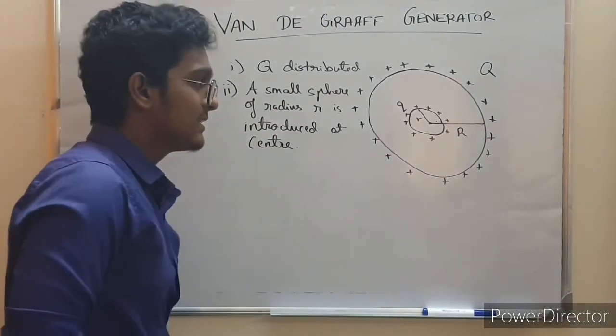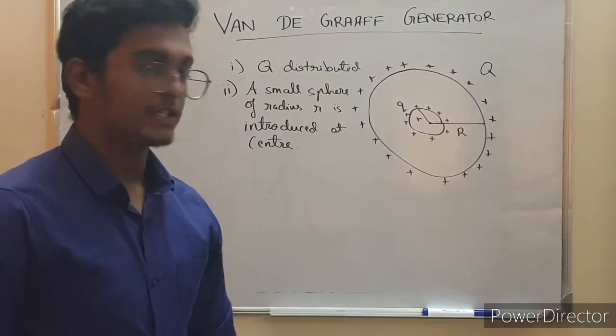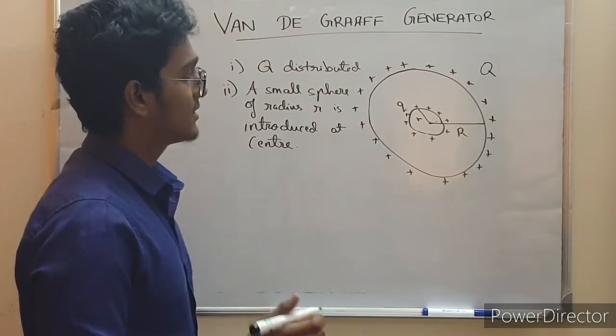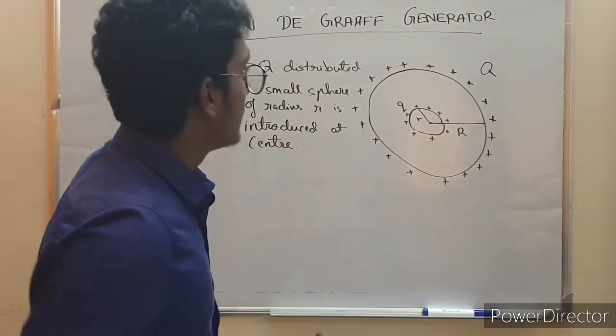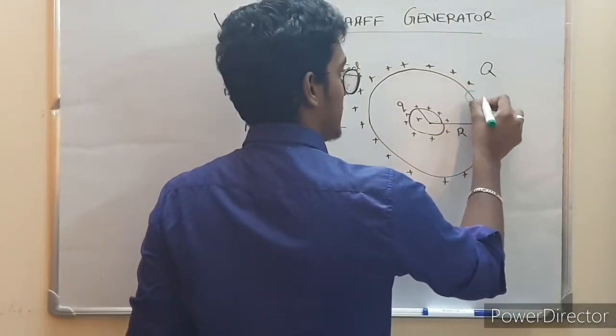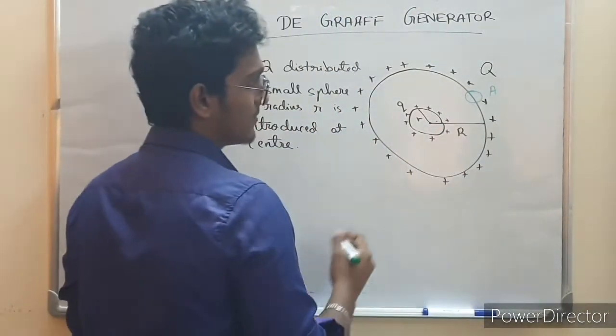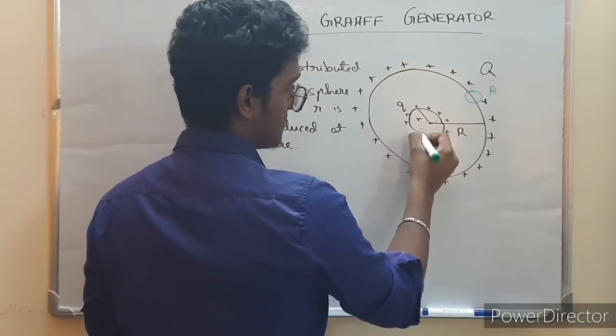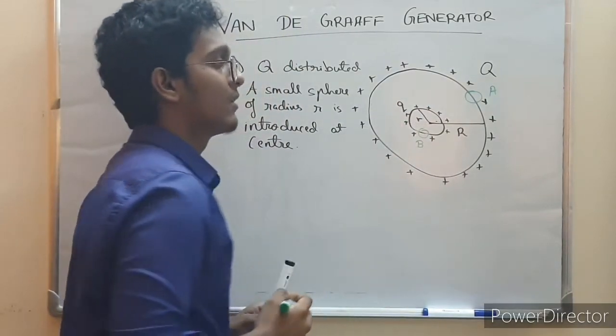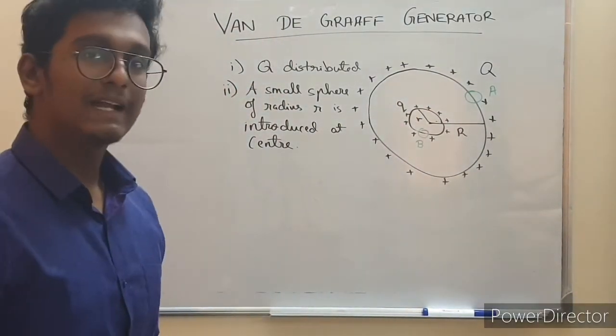Let's find out what the potentials are at given points. Let's say this point on the outer sphere is point A, and this point on the smaller surface is point B. So what is the potential at A?